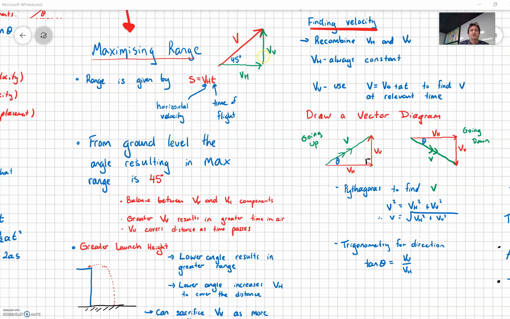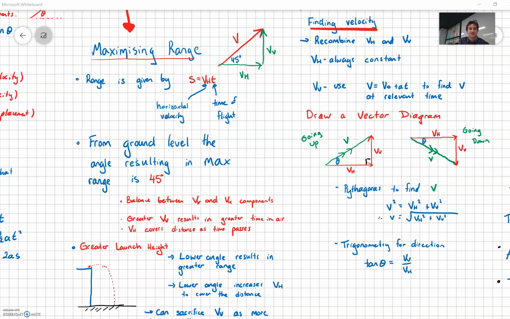And if the vertical component is shorter, well, we can make the horizontal velocity larger, but then we sacrifice time in the air. So essentially, we're getting enough time in the air and enough horizontal velocity to cover the distance, and the balance results in us getting maximum range.